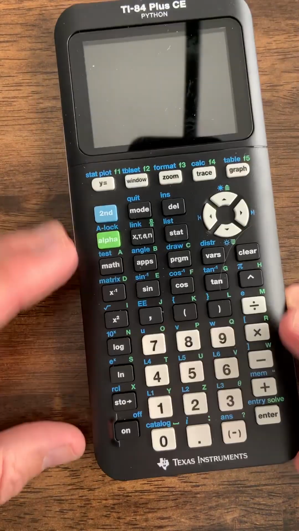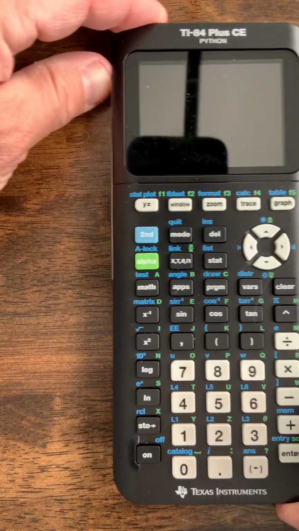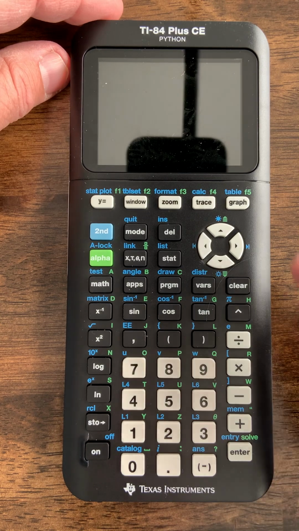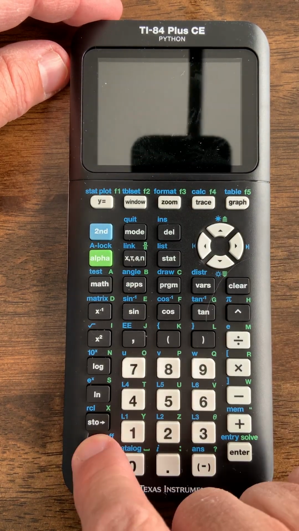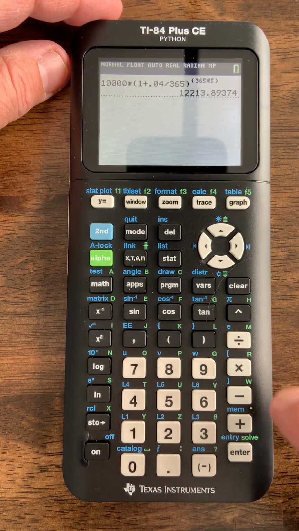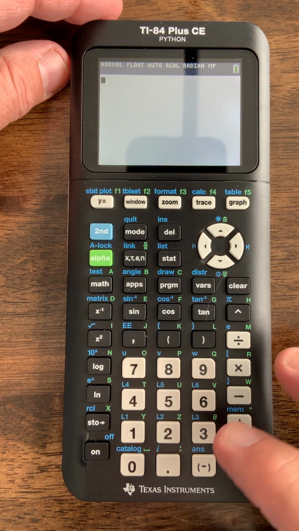Get my trusty TI-84 out. Get it positioned here for you where you can see it. And turn it on. I'm going to clear it. Always clear it.